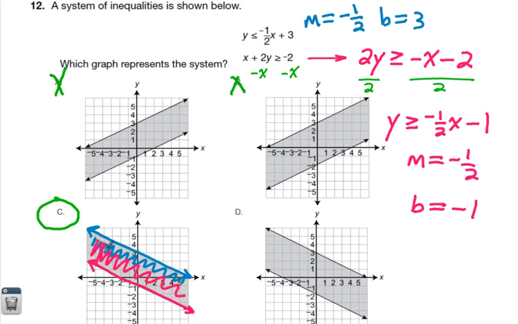And so that's why the shadings sort of doubled up in between. It's just extra reason why the final answer was C. Okay?